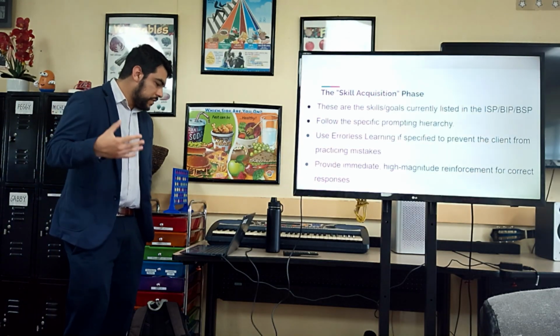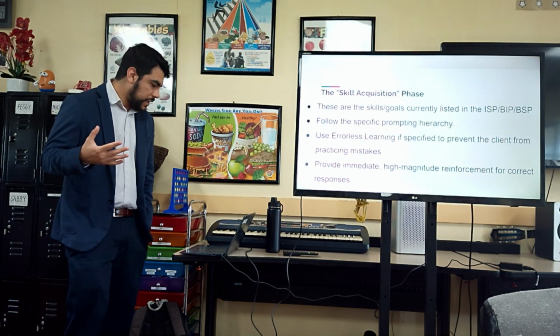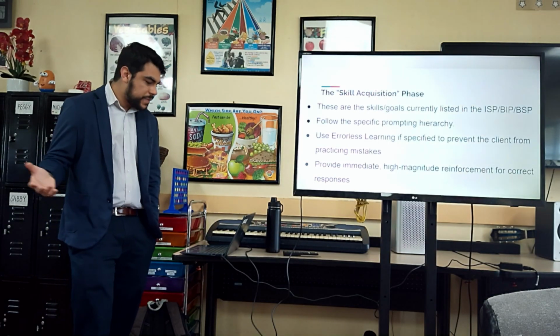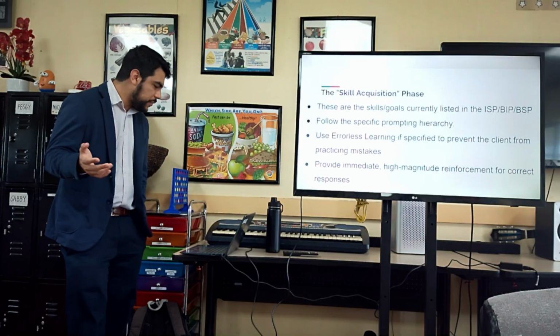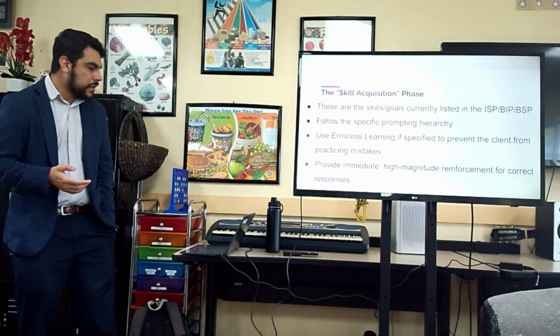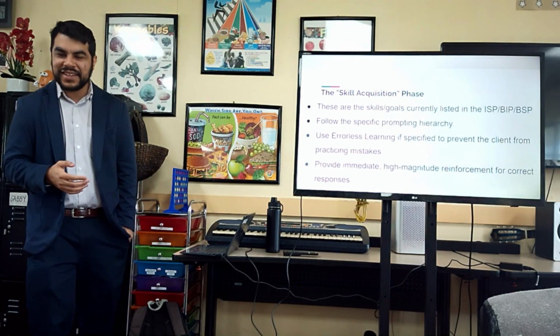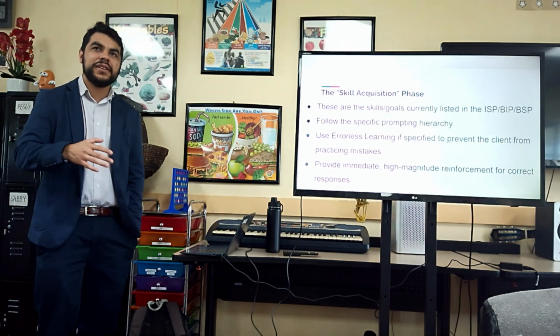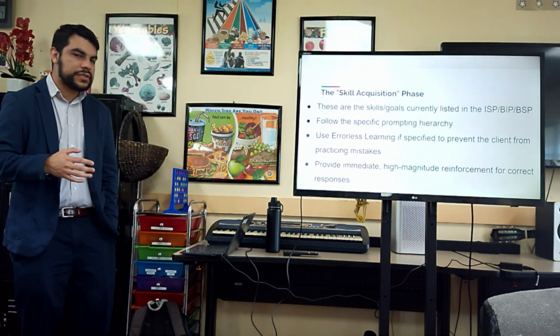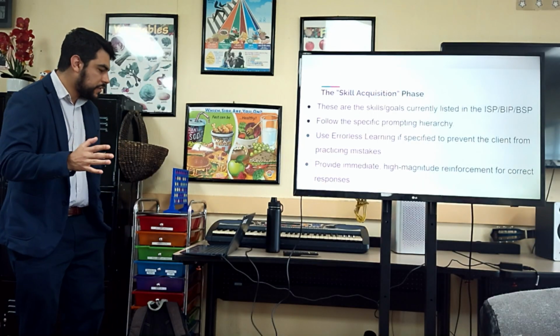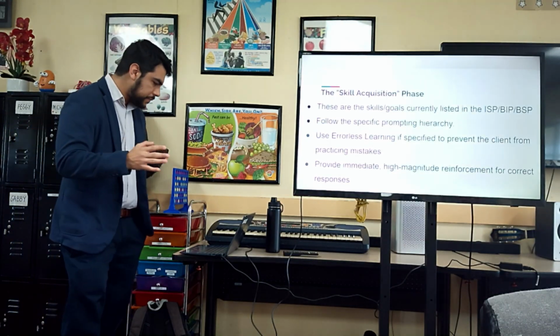And the skills that we particularly work on when it comes to acquisition are found in the ISP, the BIP, the behavior support plan, and those I think we try to do a good enough job on explaining the procedures and including all of the necessary components to ensure that the acquisition skill can go off without a hitch for the particular goals that we're working on.